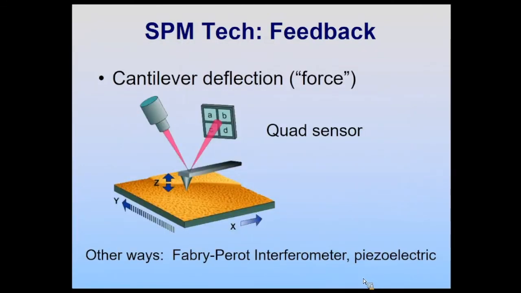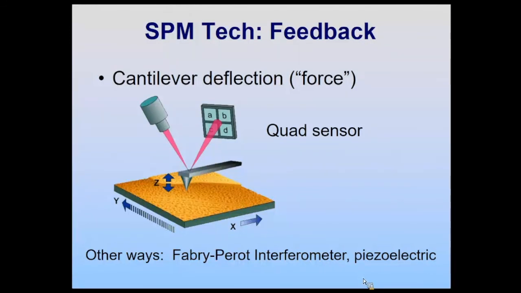In an AFM, or any sort of force microscopy technique, a common way of doing the feedback is by using cantilever deflection. So you have a cantilever which has the tip on the end of it, and this cantilever is floppy. You bounce a light off the end of it, and you pick it up on, in this picture, a quad sensor. So as the cantilever goes up and down, the light deflection goes up and down, and as it goes to the side or tilts, that moves the beam left and right.